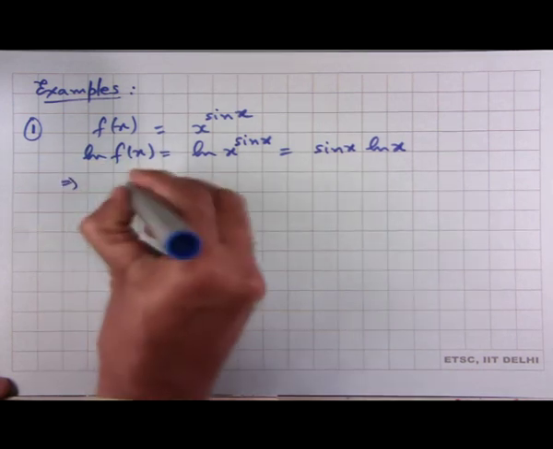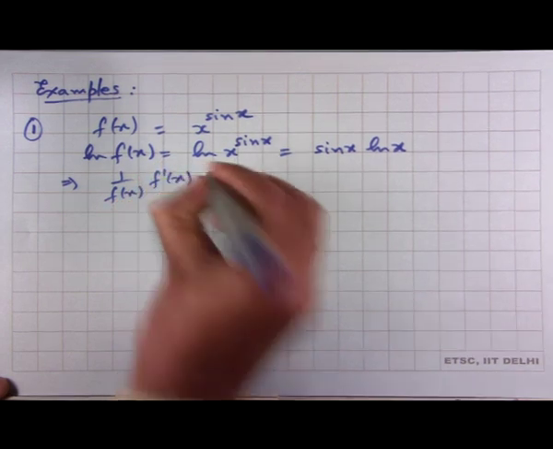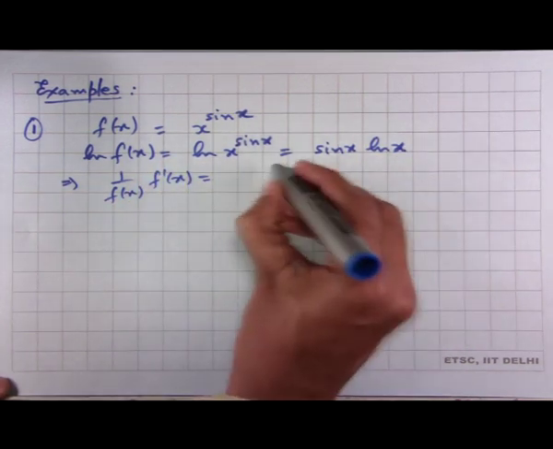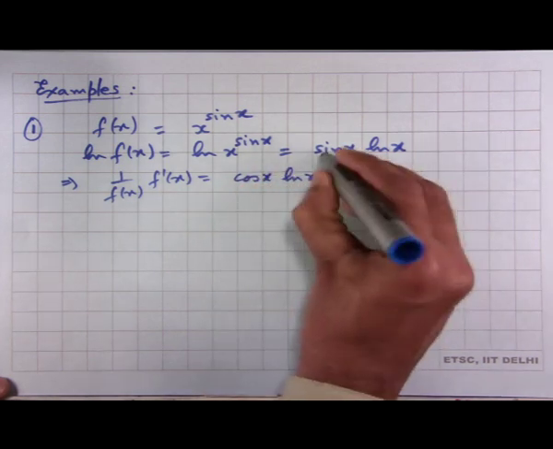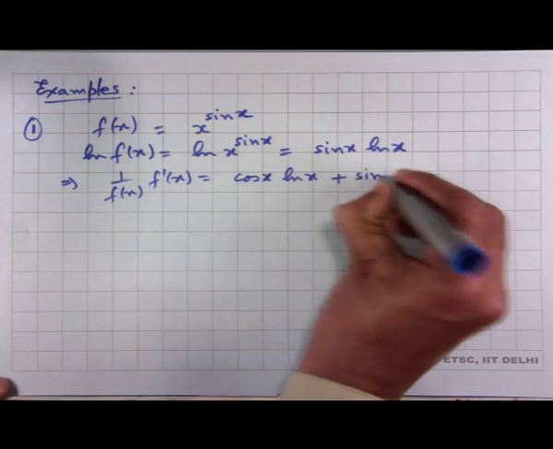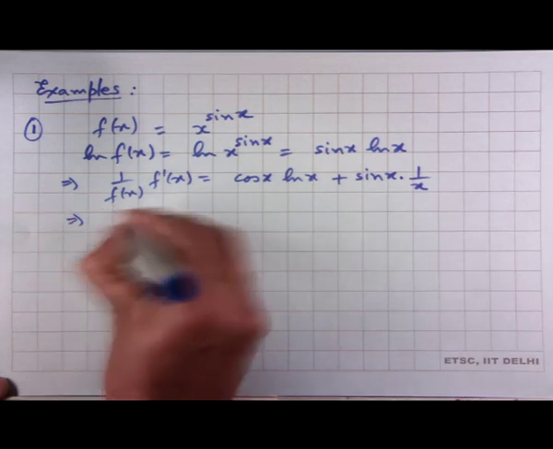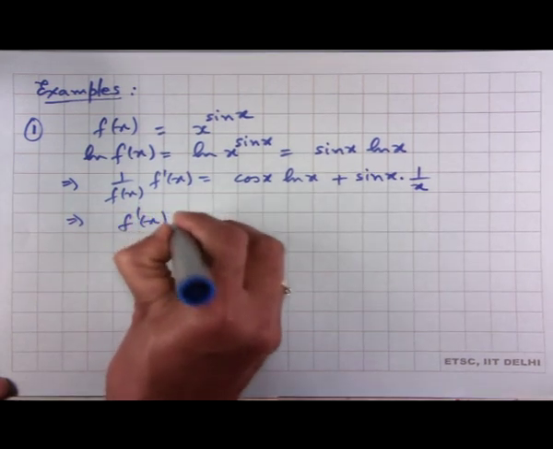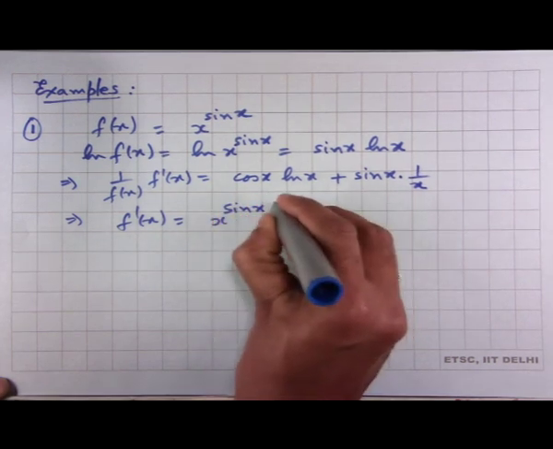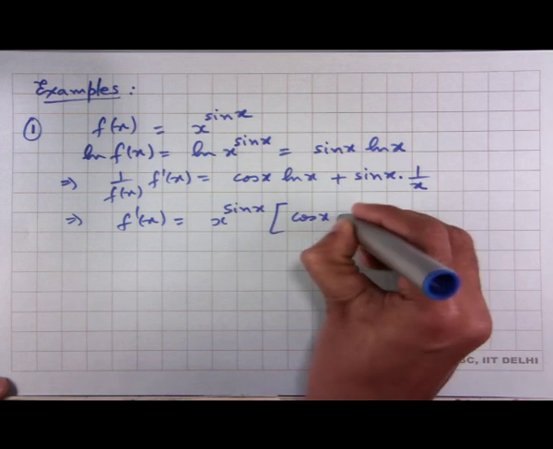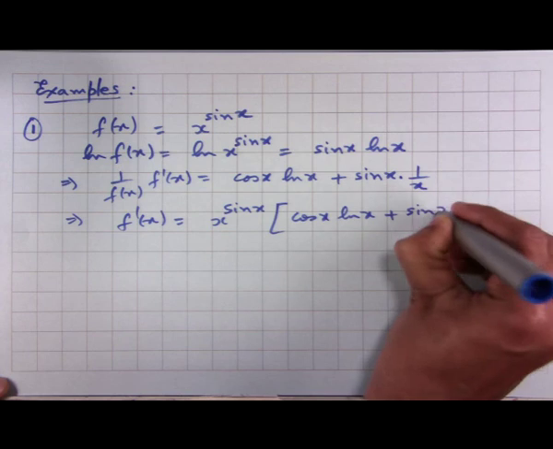This implies 1 by f x times f prime x is equal to the derivative of this, which will give me cos x log x, and then plus sin x times the derivative of log x, which is 1 by x. This implies f prime x is equal to f x, which is x to the sin x, times cos x log x plus sin x by x.